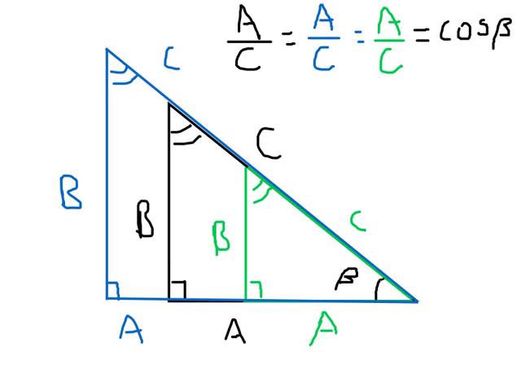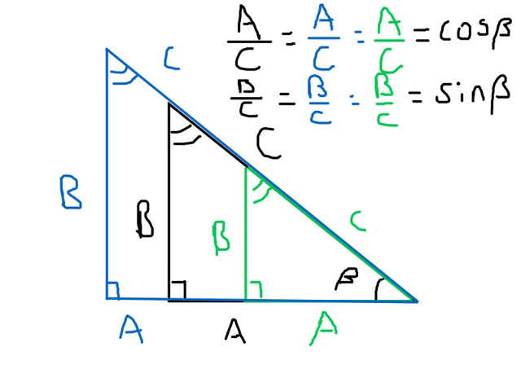Now we can go ahead and take a look at side B over side C. For the black triangle, that of course is equal to side B over side C for the blue triangle, and that is equal to side B over side C for the green triangle, and this is equal to the sine, which we spell S-I-N, of that same angle, angle beta.